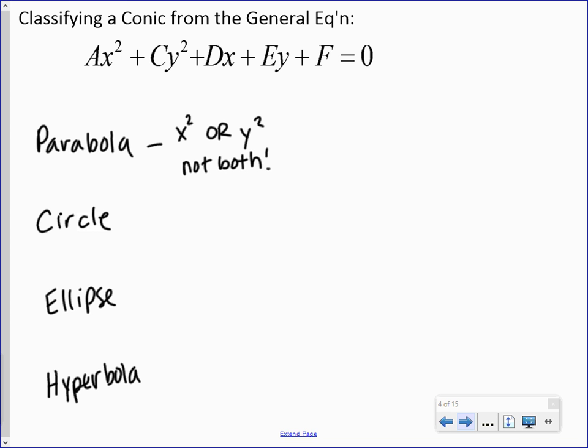If it's got an x squared and a y squared term, then I'm going to say it's a circle, ellipse, or hyperbola. In the general form, when you're looking at these letters for the coefficients, that would mean either A or C is equal to 0. Okay, A equals 0 or C equals 0. One of those coefficients, to the x squared or the y squared, must be equal to 0.